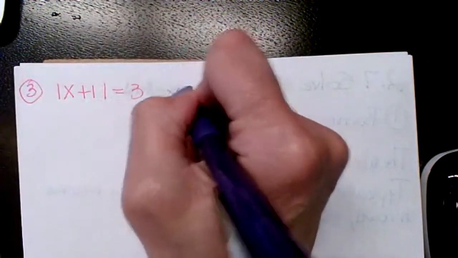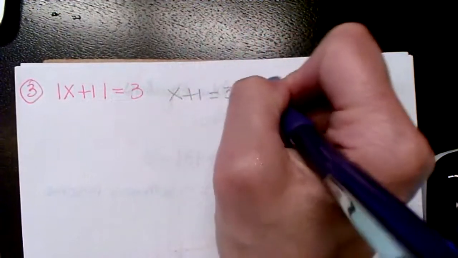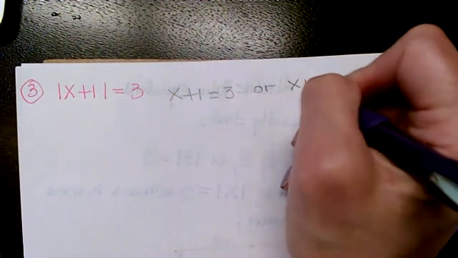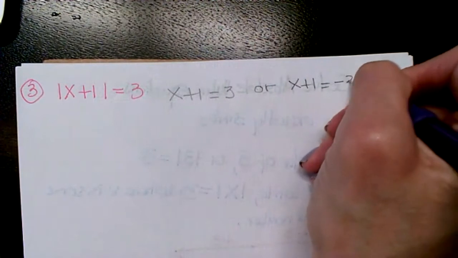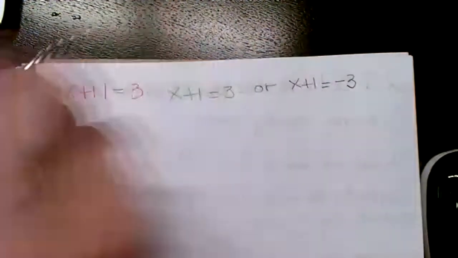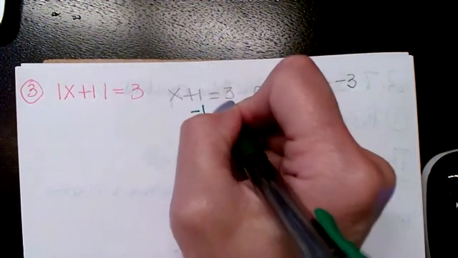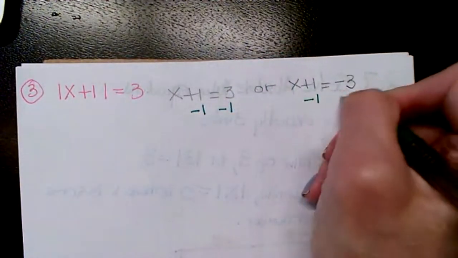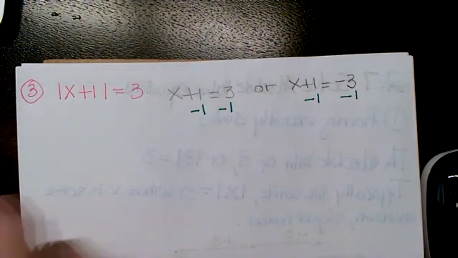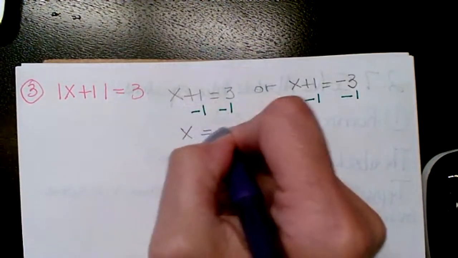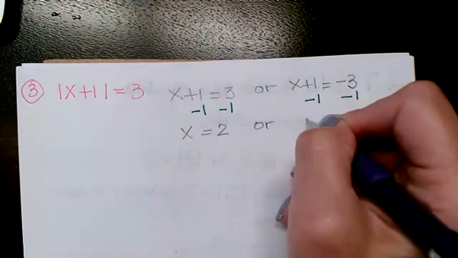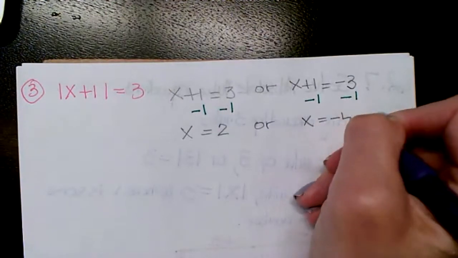So we know x plus 1 is going to be equal to 3, or x plus 1 is going to be equal to negative 3. So what I need to do is make a 0. I'm going to make a 0, make a 0, and make a 0. So x is going to be equal to 2, or x is going to be equal to negative 4.